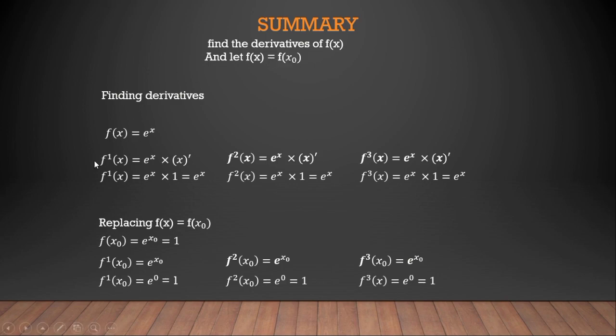So find f of x, which is equal to e to the power x, and then we replace x with x naught, meaning wherever x was in this function, just plug in x naught, and in our case it was 0, so any number to the power 0 is 1, so all our values were 1.